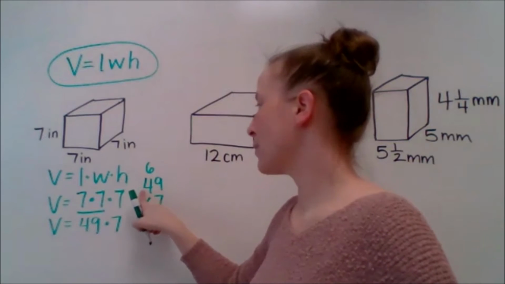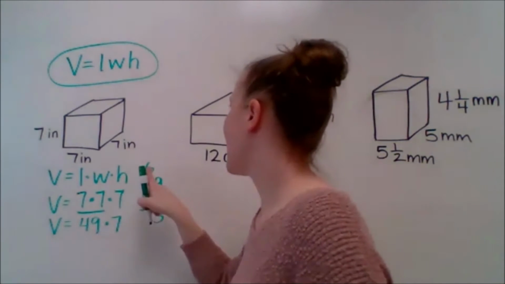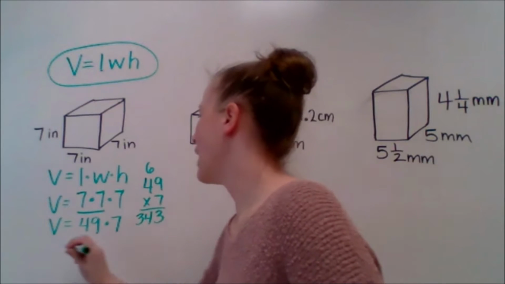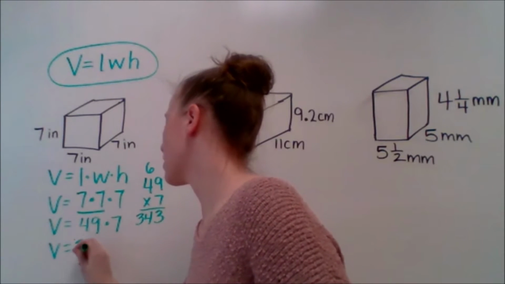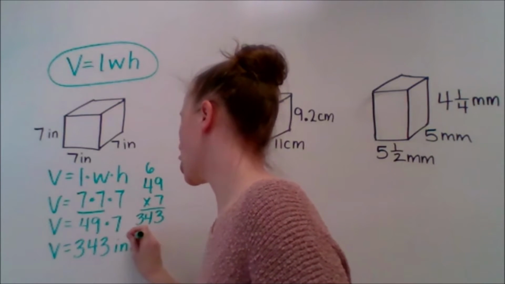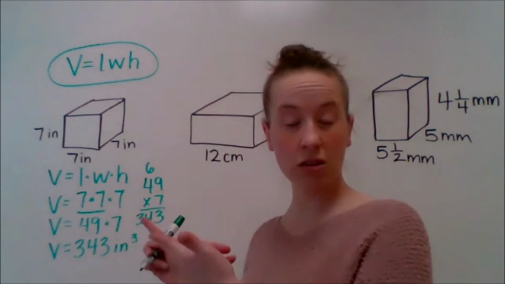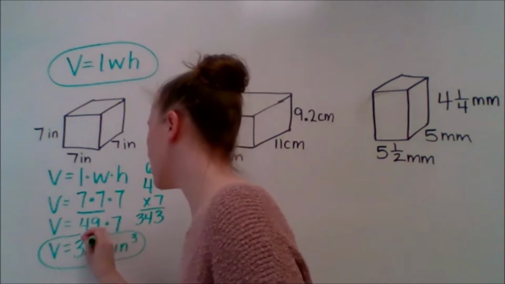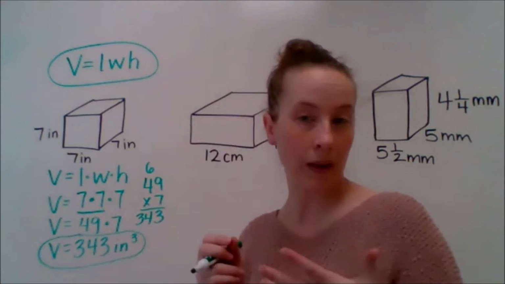Regroup. 7 times 4 is 28, plus 6 would be 34. And so my volume equals 343 inches cubed, or cubic inches. There's a 3 because I multiplied inches times inches times inches. So that would be the volume of this cube in cubic inches.